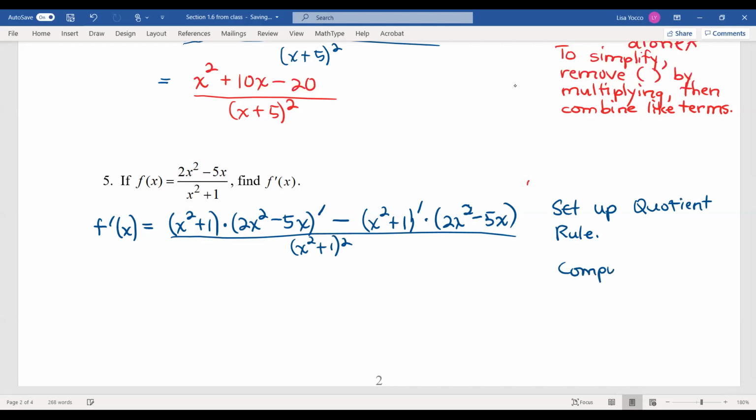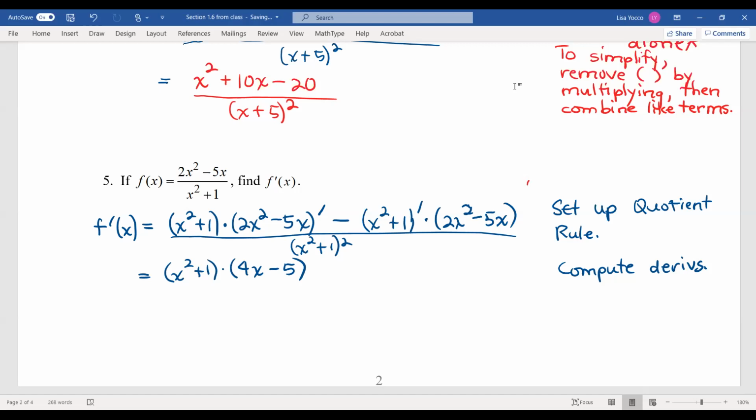Next step, compute the two derivatives that are inside the quotient rule. All right, so x squared plus 1 for 2x squared, that'll be 2 times 2 is 4, and subtract 1 from the exponent leaves me x.